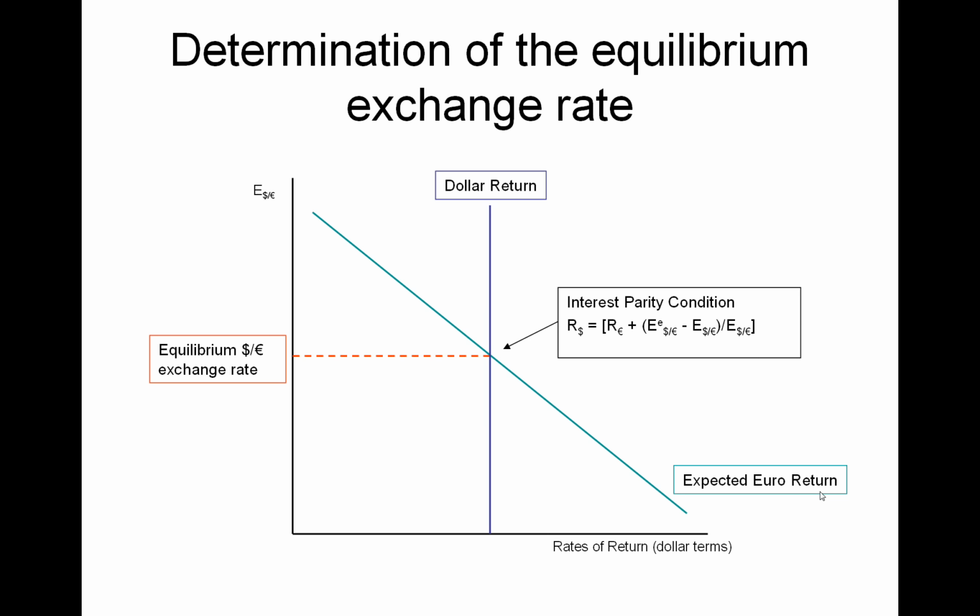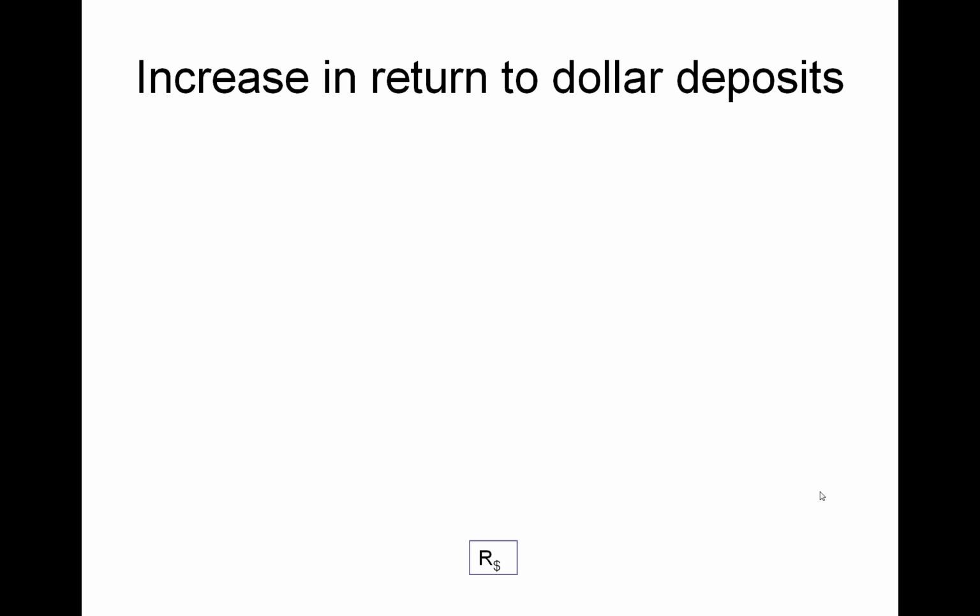So if we put together the demand for dollar accounts and the demand for euro accounts, we find the equilibrium exchange rate in the market. So if you ever wondered how exchange rates are determined, it is determined by the demands for foreign currency accounts.